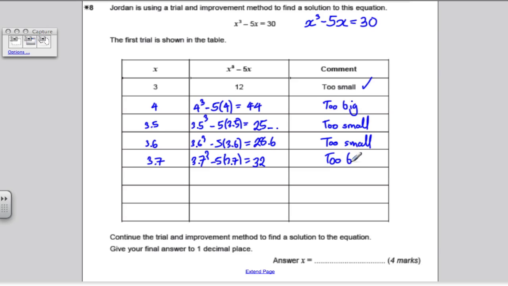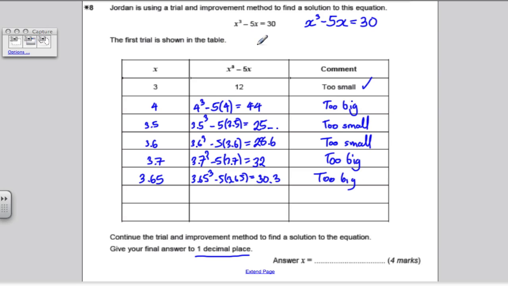Now, at this point, you want your answer to 1 dp, remember, so to check whether it's 3.6 or 3.7, you have to check halfway in between, 3.65. So you work out 3.65 cubed minus 5 times 3.65. And you get 30.3, which again is too big, just slightly too big.